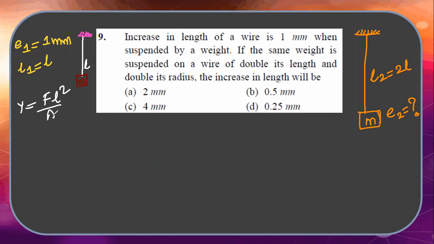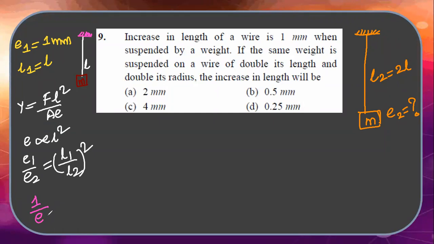Y is equal to FL divided by AE, so we have to write E is proportional to L square. E1 divided by E2 is equal to L1 divided by L2 whole square. E1 is equal to 1 millimeter, E2 is unknown, L1 is equal to L, L2 is equal to 2L, right? Whole square is there.